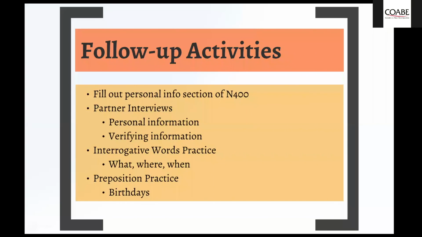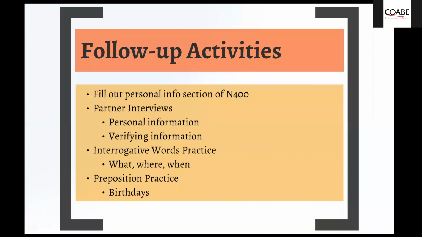You can do more interrogative word practice with what, where, when. For example, the 100 civics questions that individuals applying for citizenship have to learn and memorize have a lot of what, where, when questions, as far as where is this monument, or what is the Constitution.